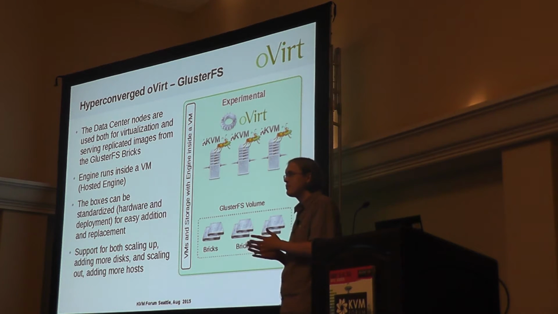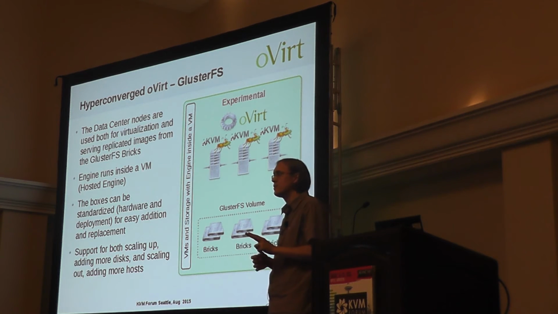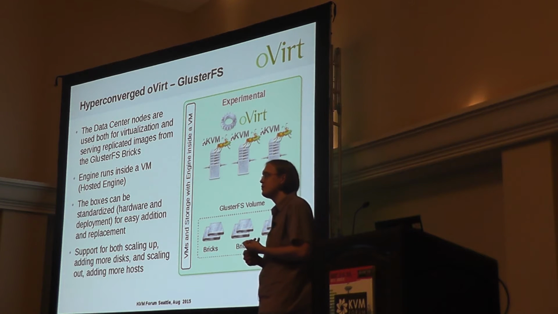For Gluster reasons and for hosted engine reasons, we couldn't do this with 2 hosts only, because then we would only have quorum 2. And as I already said, we can't determine who is right in a quorum 2 setup. But with 3 hosts, we can do that.